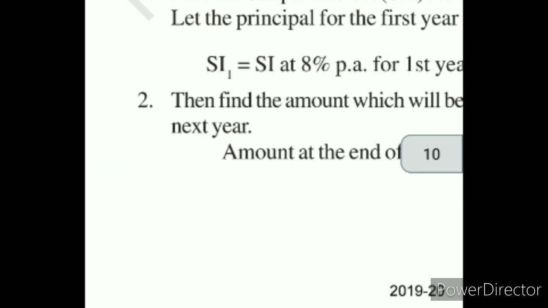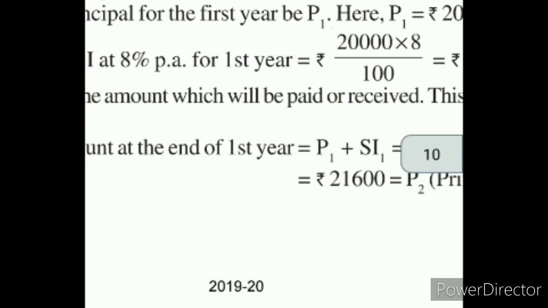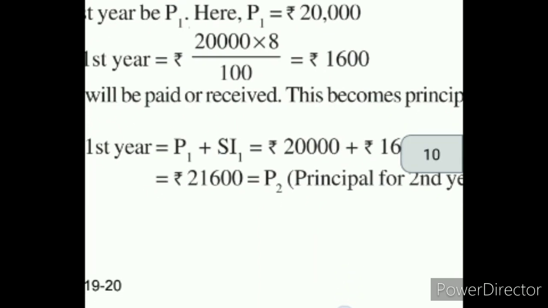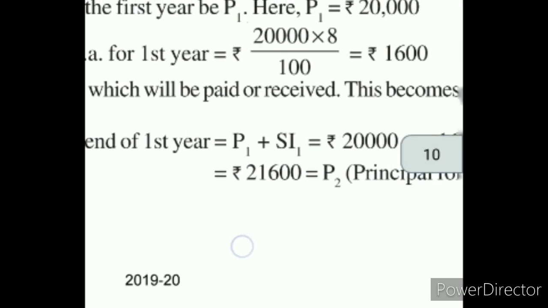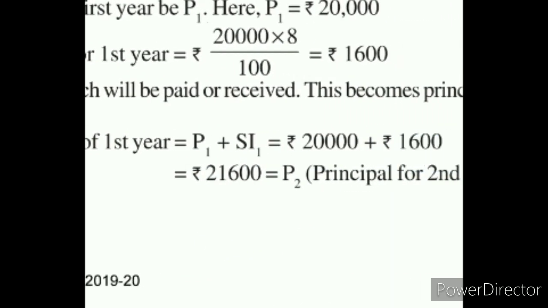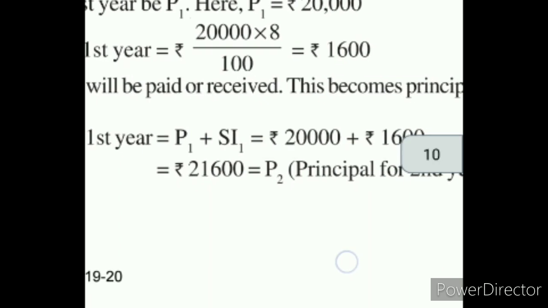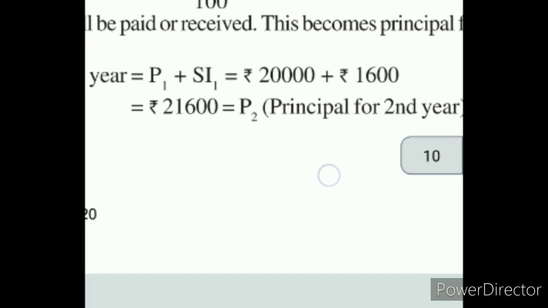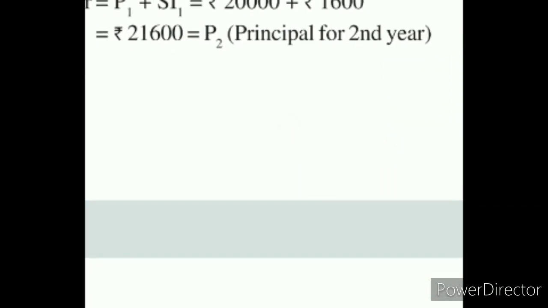Then to find interest of second year, we need the amount of first year. Amount is principal plus interest. Amount at the end of first year equals principal in the first year plus simple interest in first year, which is 20,000 plus 1,600 equals 21,600. This is P2, the principal for second year.